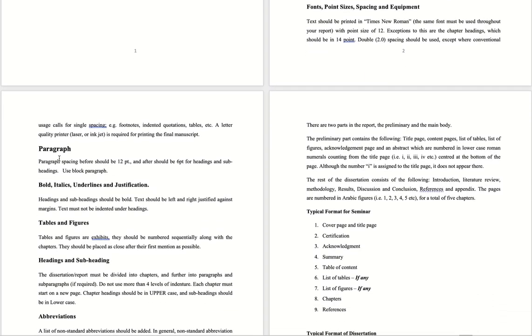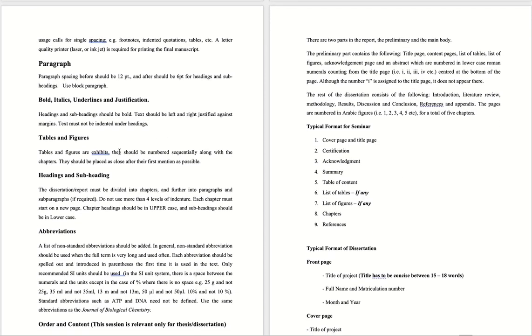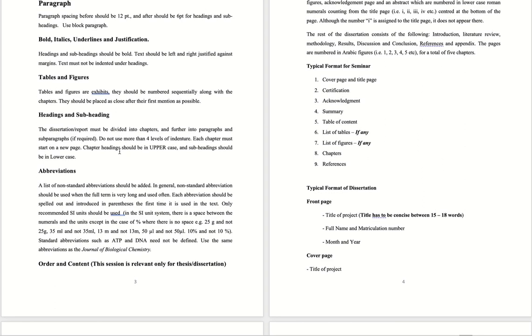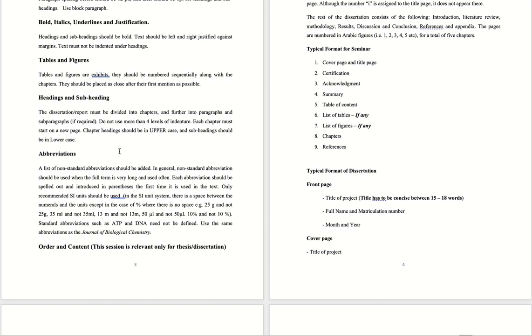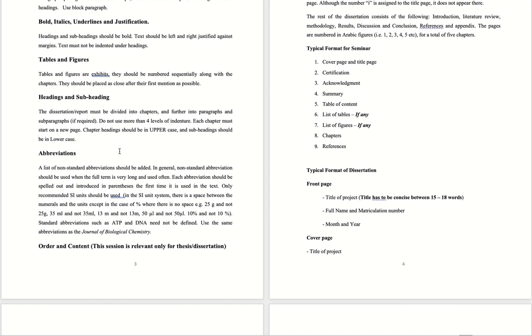So reading through all of this, it tells you how to go about doing your paragraphs, when and where to use your bold, underline, justification, then table of contents. It is a very detailed guideline on how to do your document formatting and write-up.